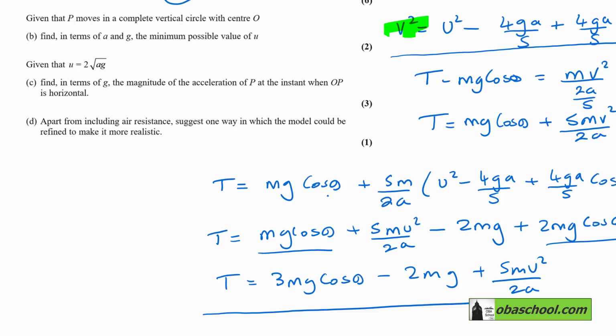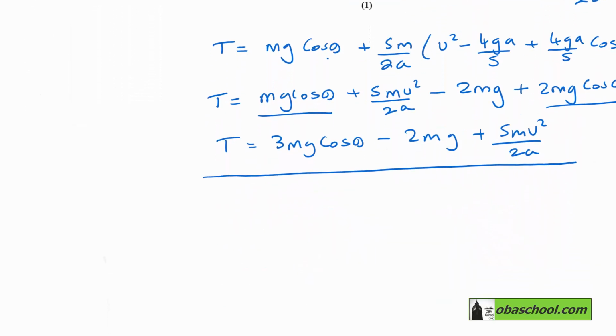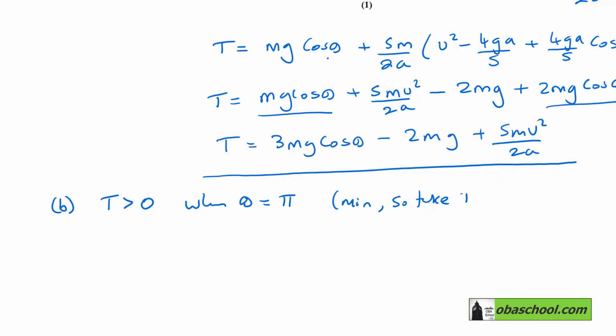We're now given that P moves in a complete vertical circle with centre O. Find in terms of a and g the minimum possible value of u. Okay, so to complete circles, we're going to require T greater than 0 when theta equals pi. And we're after the minimum, so take T equal to 0.